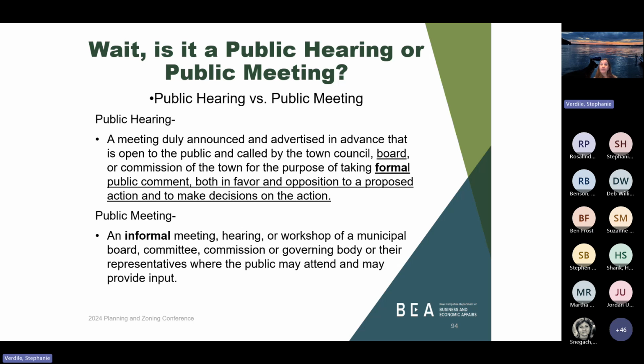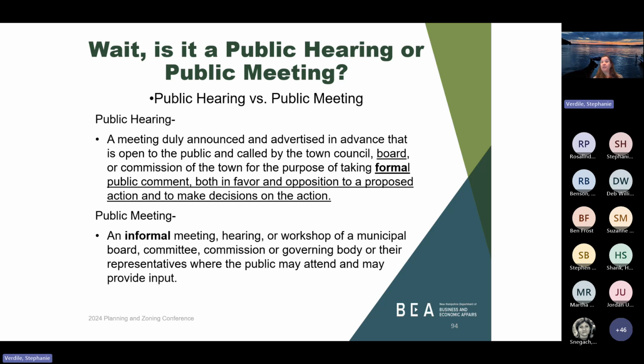A public meeting is an informal meeting or hearing or workshop of a municipal board, committee, or commission, or the governing body, which would be your selectmen or city council or town council, so that the public may attend. Say your community's having an old home day meeting.